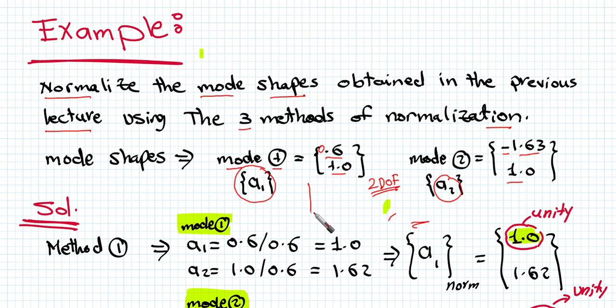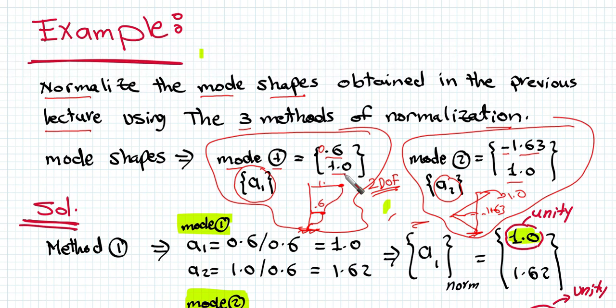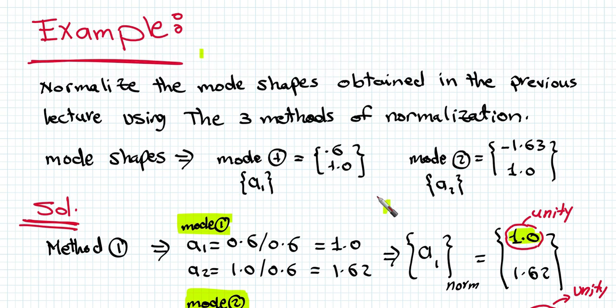If you remember, we said that we have 2 different modes, mode 1 with 0.6 and 1, and the second mode shape with minus 1.63 and 1.